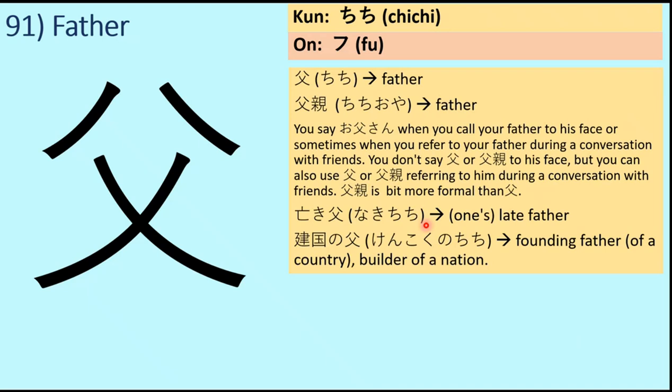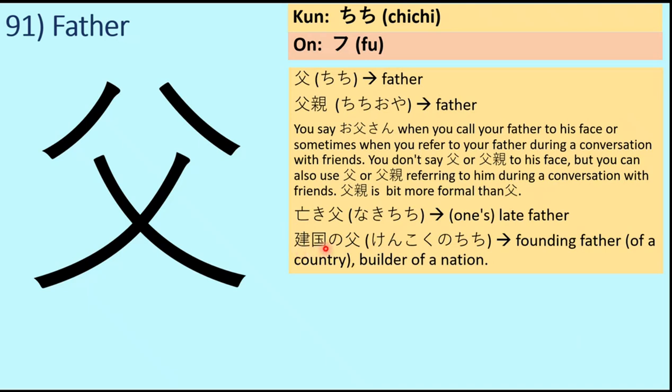Then we have kenkoku no chichi. This is kenkoku no chichi, which means the founding father of a country or the builder of a nation. If you see here, the first symbol, the pronunciation is ken, and this kanji represents something related to building, that is to build something. And it is followed by this country, kuni.